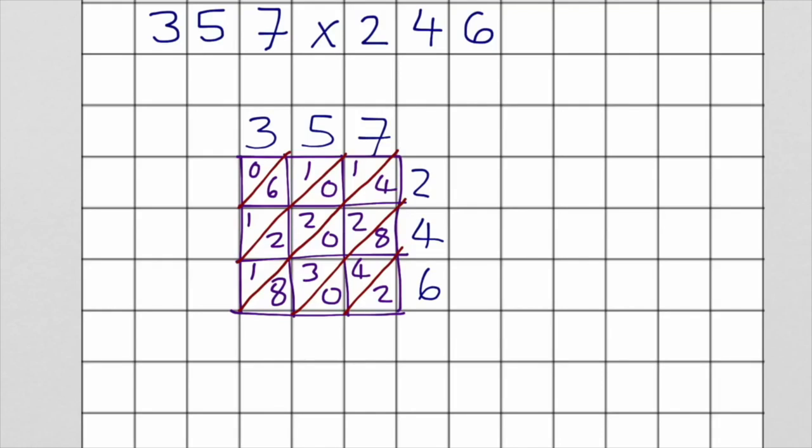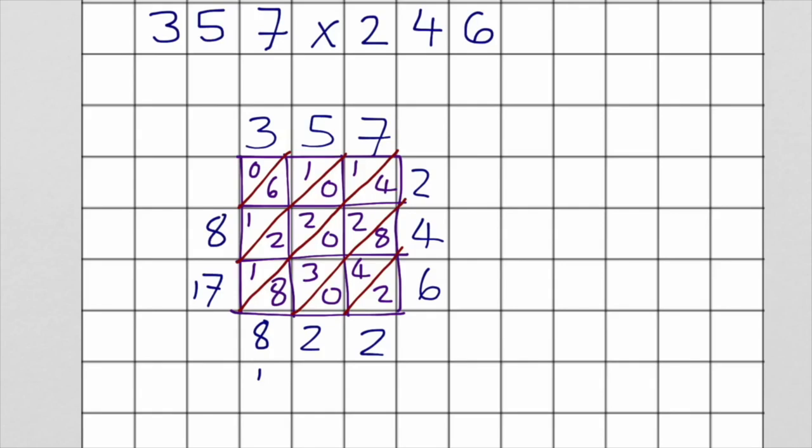Okay, then remember, always start adding up this column, then this column, then this column, then this column, and so forth. So 2 in the first column, 8 plus 4 is 12, so I carry the 1. 4 plus 2 is 6, 9, 17, 18, carry the 1. 1, 3, 5, 6, 7.